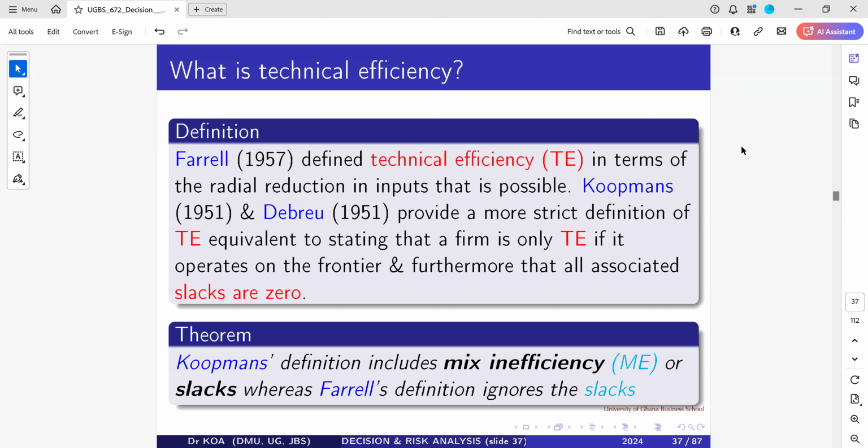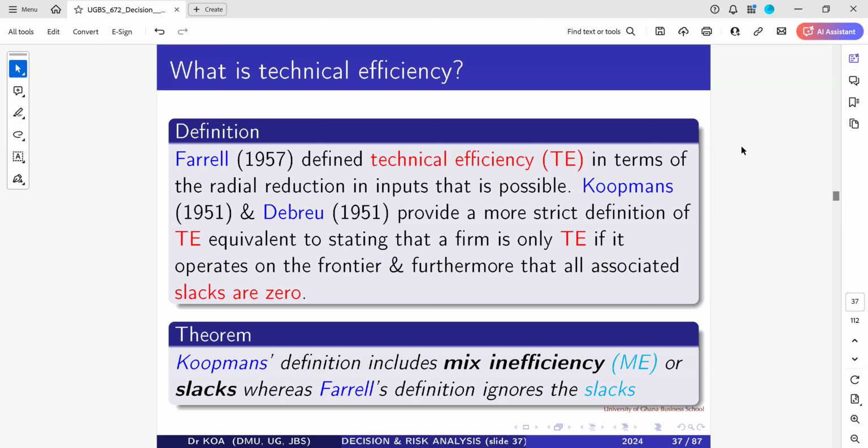But for another, A is using a lesser input than B. So in this case, A is a little, not plenty, but a little more efficient than B, because A is using a lesser input in one of the inputs than B is. Does that make sense? Okay. All of them in the current, not in the past.